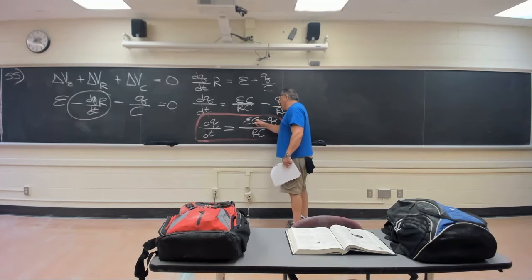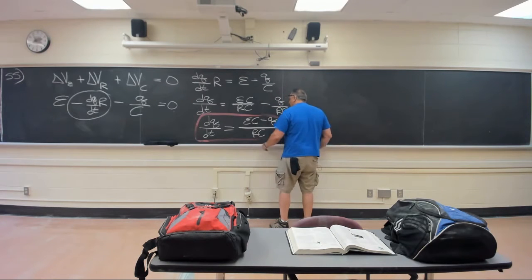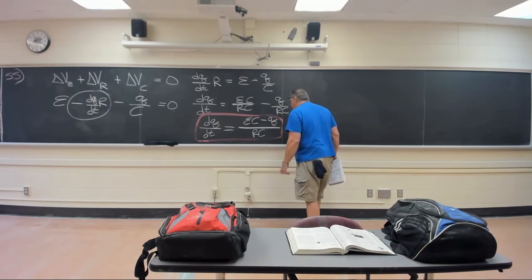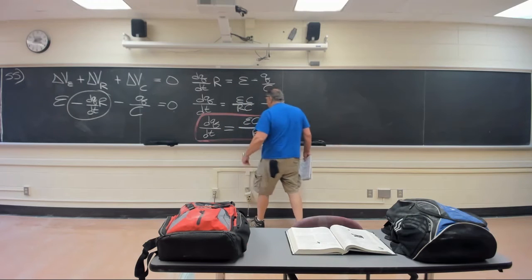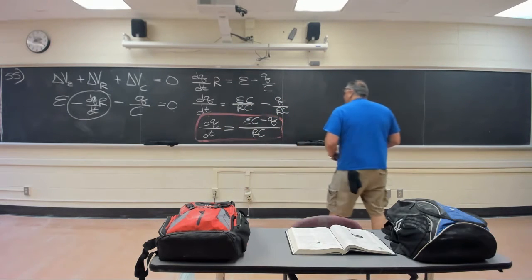It's epsilon. The capacitance of the capacitor is a constant. The resistance is a constant. So epsilon, C, and R, those are all constants. Q varies, and dq dt is going to vary with time.